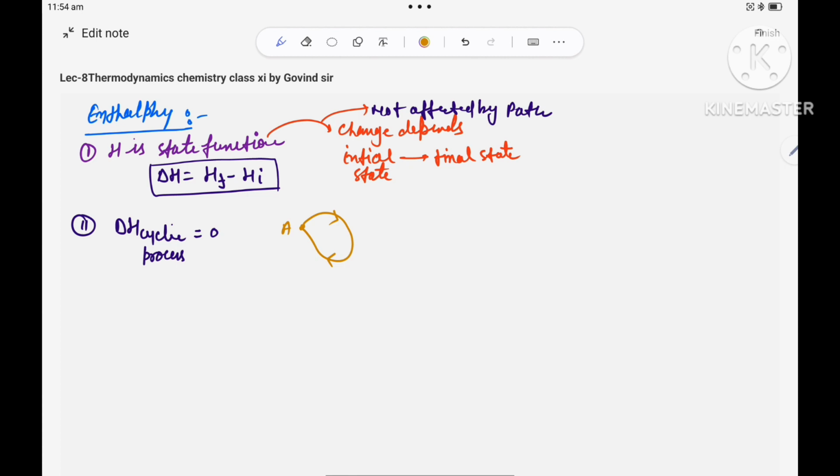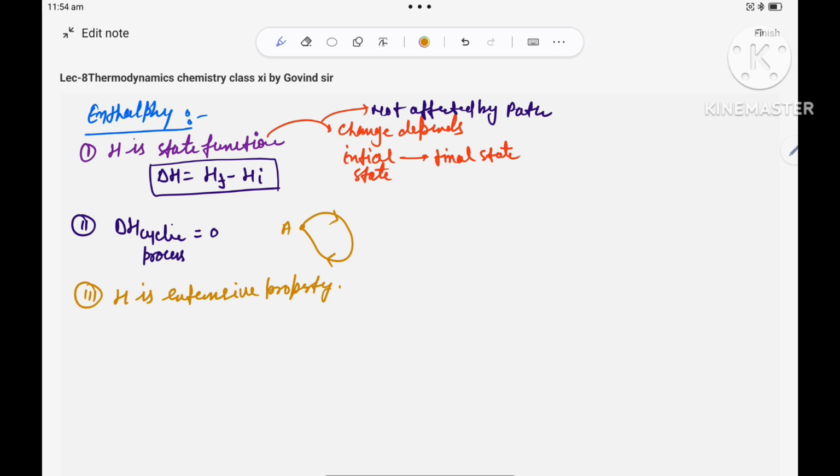Final and initial conditions are the same, so in a cyclic process its value is 0. And H is an extensive property.